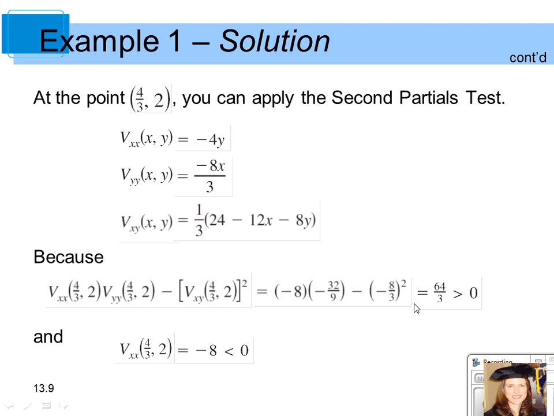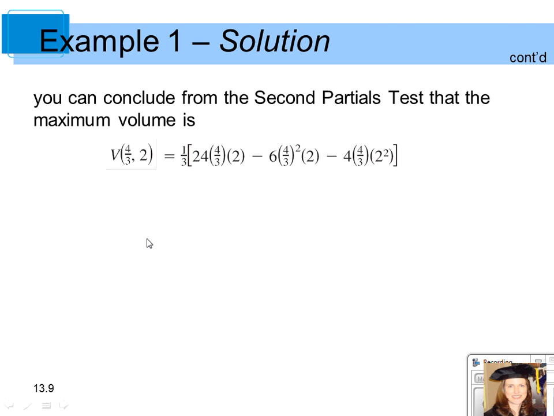Again, refer back to the second partials test. If d is greater than 0, we have either a relative maximum or a relative minimum. If you look at the sign of Vxx, it's negative 8, so that's less than 0. That means we have a relative maximum of the volume.